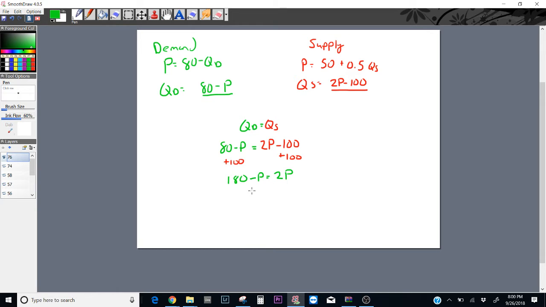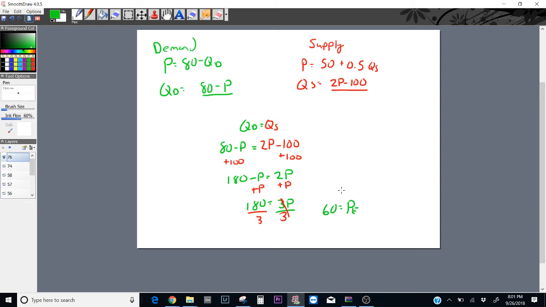Add P to both sides. I'm left with 180 is equal to 3p. And then lastly, divide both sides by 3. That cancels out. I'm left with just p. And I would see that 60 is going to be equal to our equilibrium price.